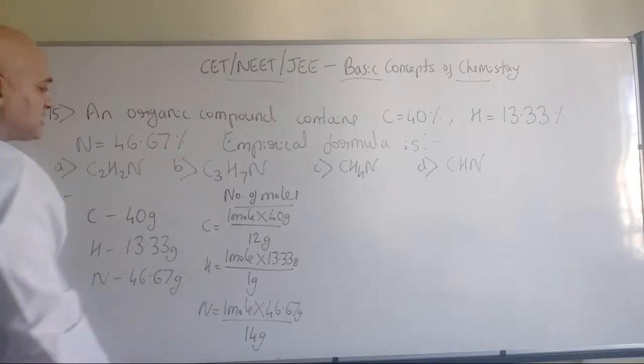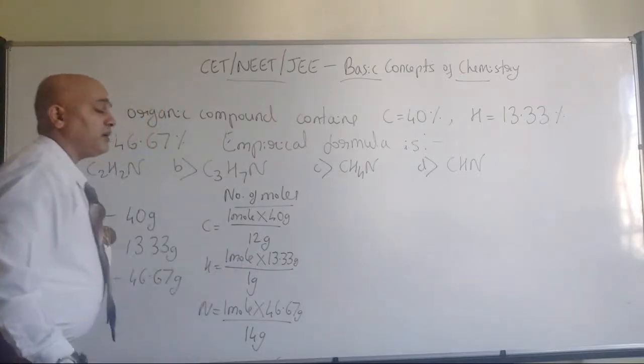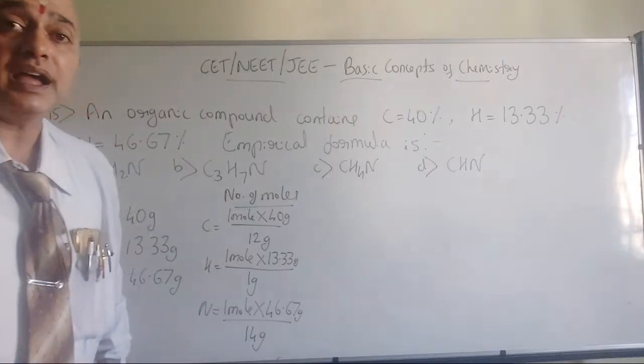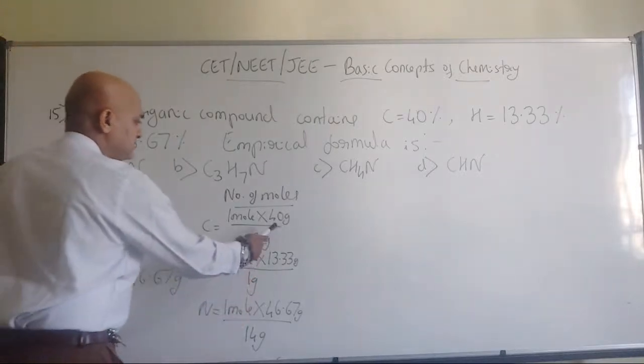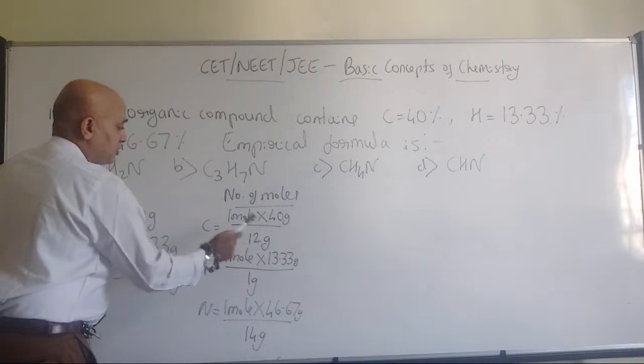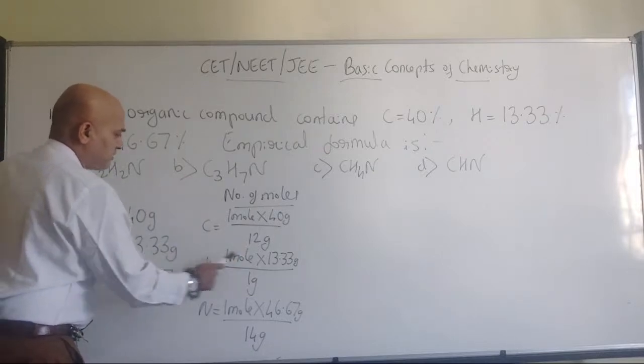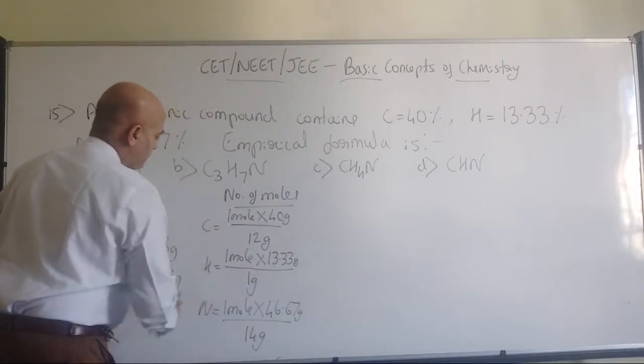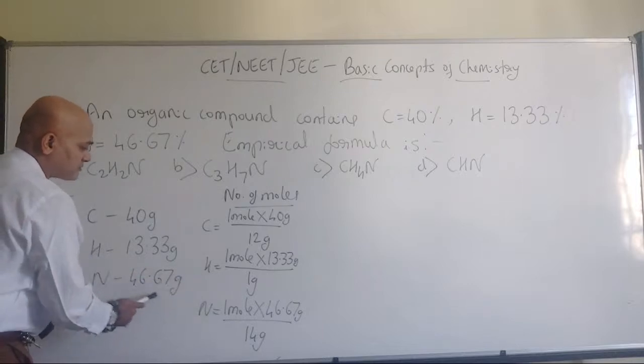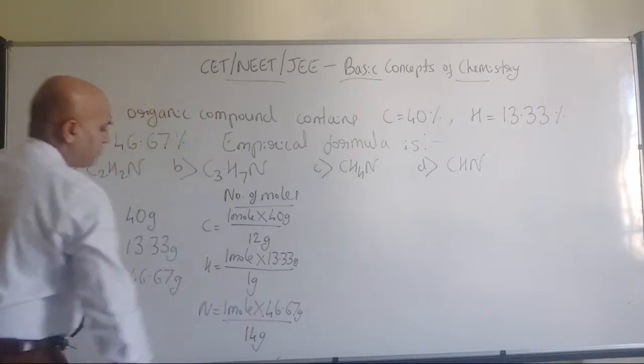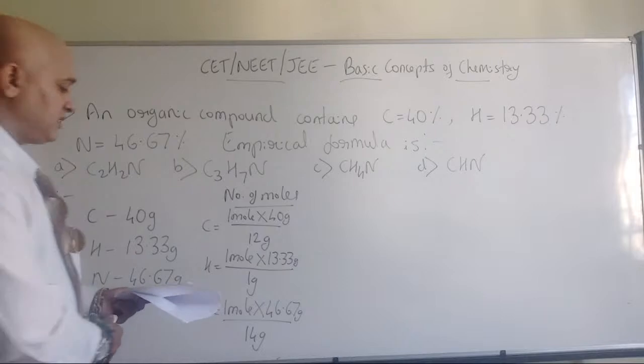That is nothing but moles equal to given mass divided by atomic mass. So given mass is 40 gram, atomic mass is 12 gram. Given mass is 13.33 gram, atomic mass is 1 gram. Same logic is applicable for nitrogen also. Okay?